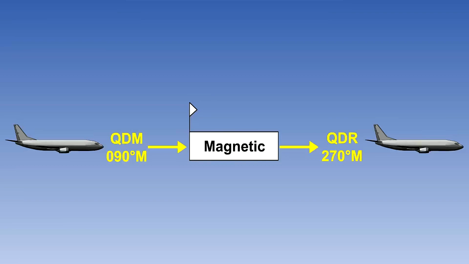Notice that the reciprocal, that is the opposite of QDM, the magnetic track to the station, is QDR, the magnetic bearing from the station. Similarly, the reciprocal of QUJ, the true track to the station, is QTE, the true bearing from the station.